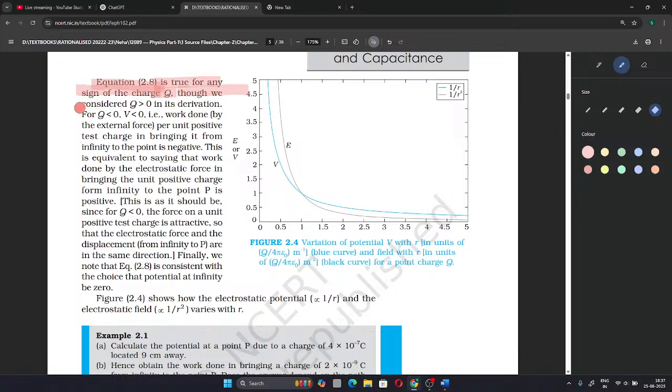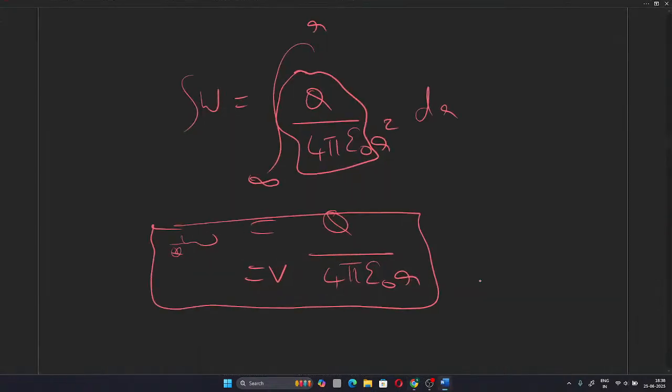Though we considered Q to be positive in its derivation, for Q lesser than 0, potential is lesser than 0. That is, work done by the external force per unit positive test charge in bringing it from infinity to the point is negative. That means this scenario happens when it is an attraction force. How can work done be negative?